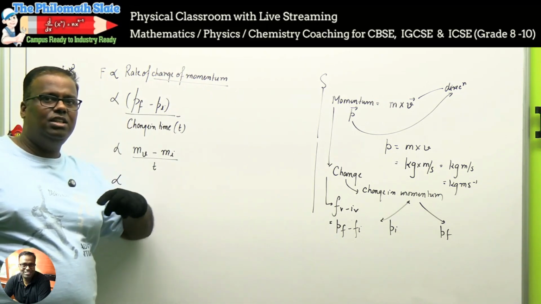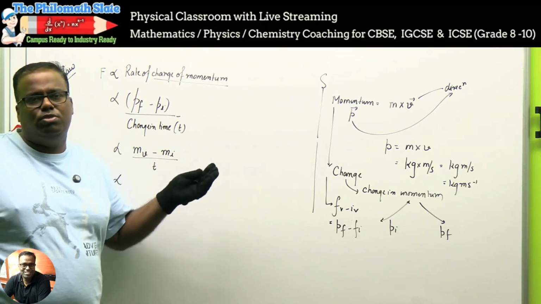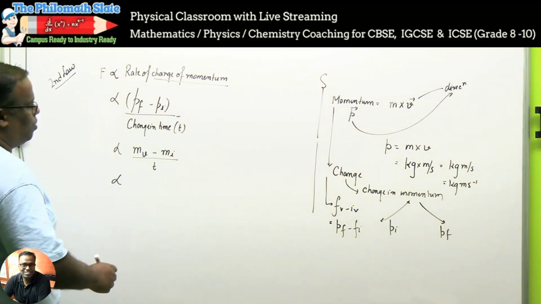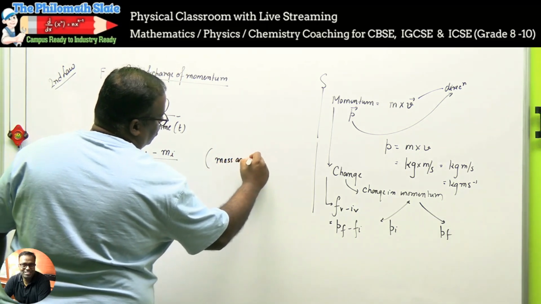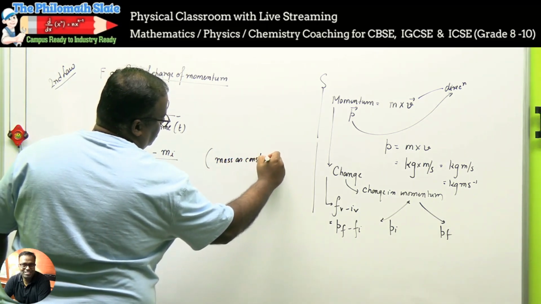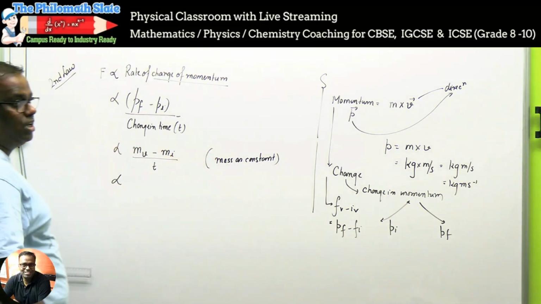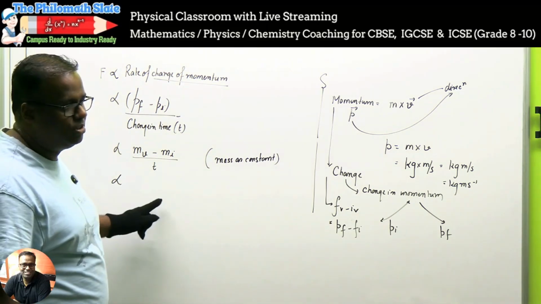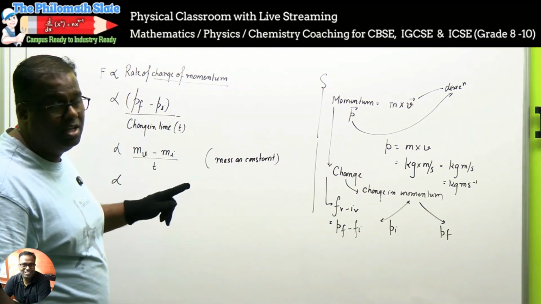But in grade 9, the type of problems you do, as the velocity of the body changes, the mass of the body does not change. So we keep mass as constant. Remember children, this definition is situation specific. This is not exactly the definition of force. This definition of force holds good only when the mass is constant.